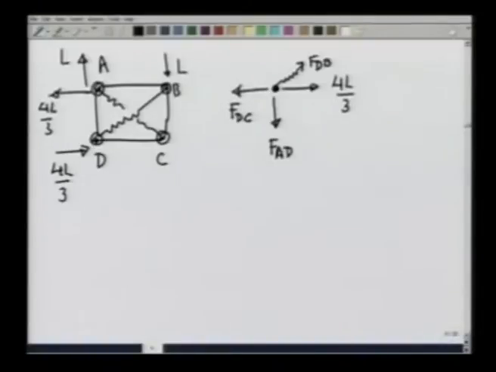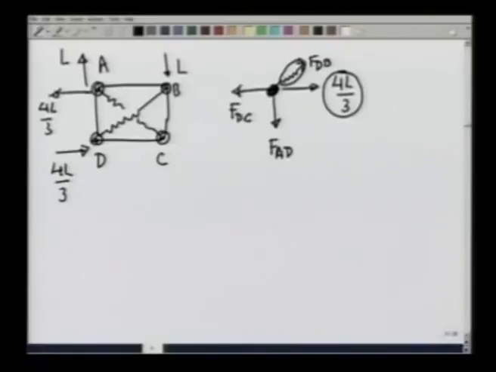Now, one can see that this joint is under a force 4L by 3. So, this is going to be pushed to the right, and if it is going to be pushed to the right, the rope is also going to be pushed in, but the rope cannot sustain any compressive force. So, F DB is going to be 0.